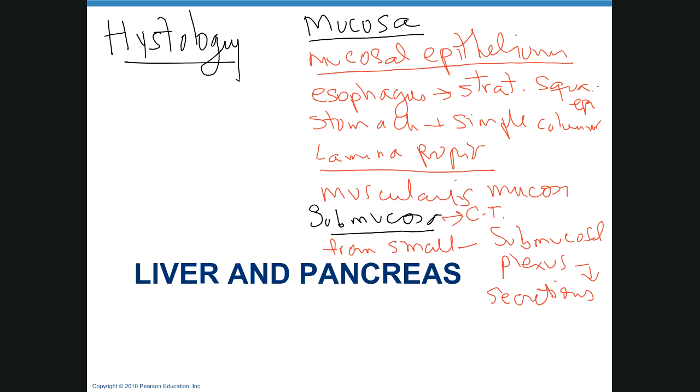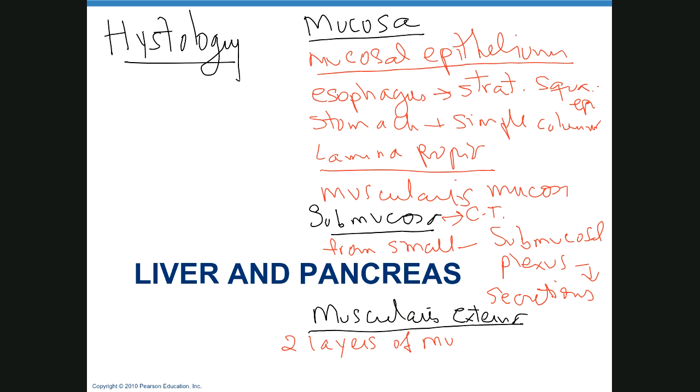Then below the submucosa was the muscularis externa, with smooth muscle, two layers of muscles, except at the stomach there were three layers.